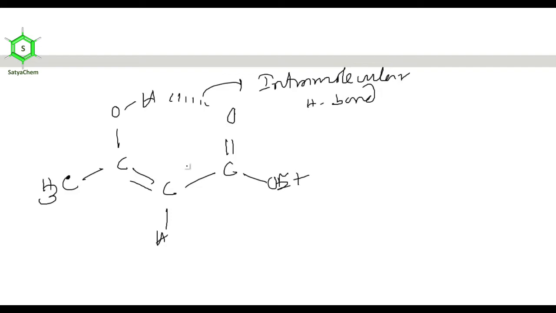Now, first we know the lone pairs on the oxygen atom. So this type of electron delocalization is possible in the enol form of EAA.